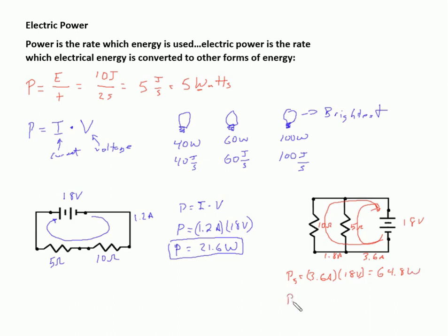And then the power of the 10 ohm was its current, 1.8 amperes running through it, and still 18 volts. Remember that the voltage source is the same for each path on a parallel circuit, and so we get about 32.4 watts. Right, so in this case, the less resistance gave us more power.